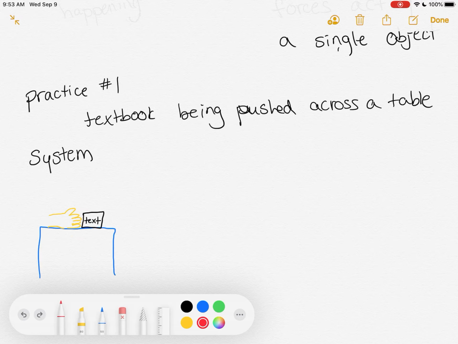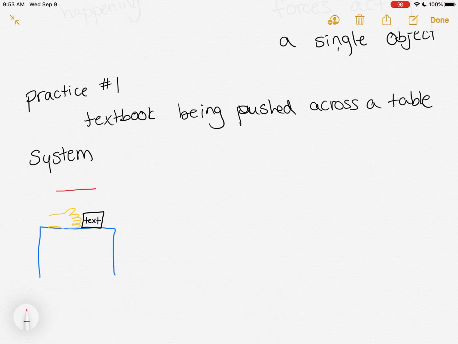And since my hand is pushing to the right, that means I'm going to also label the fact that the textbook is going to be moving to the right. So I'm going to include the motion direction, because the textbook is being pushed across the table.